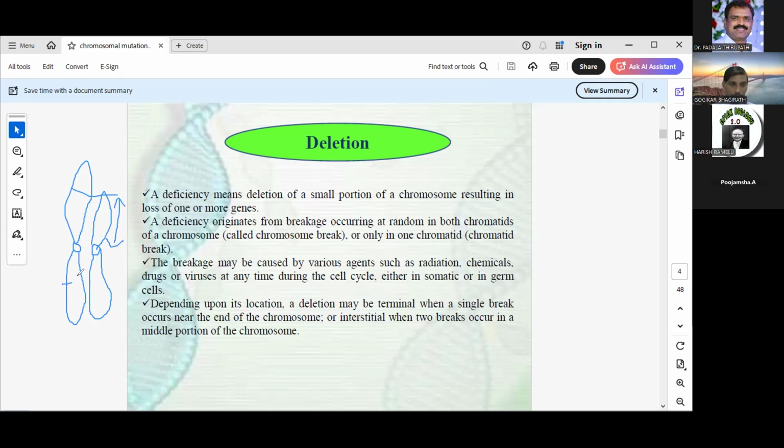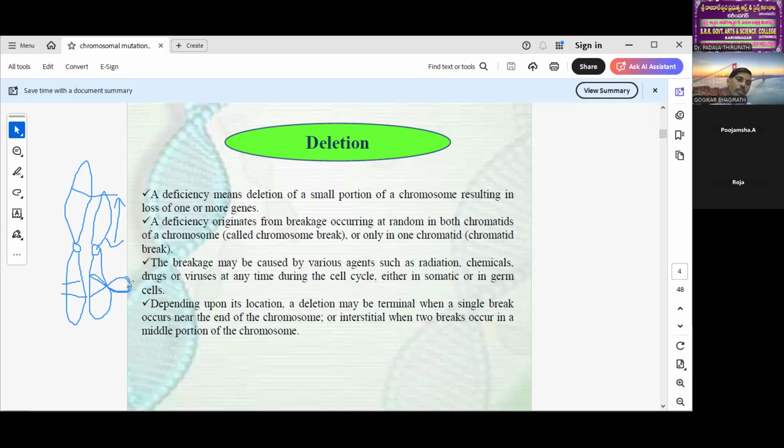If the intercalary part of the chromosome is deleted, the corresponding homologous chromosome will form a buckle-like portion. This is called a loop. Loops are formed at the time of pachytene because bivalents are formed.